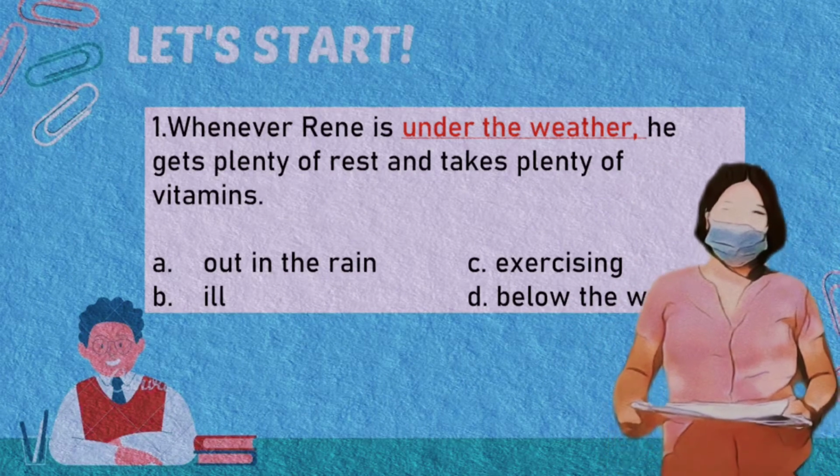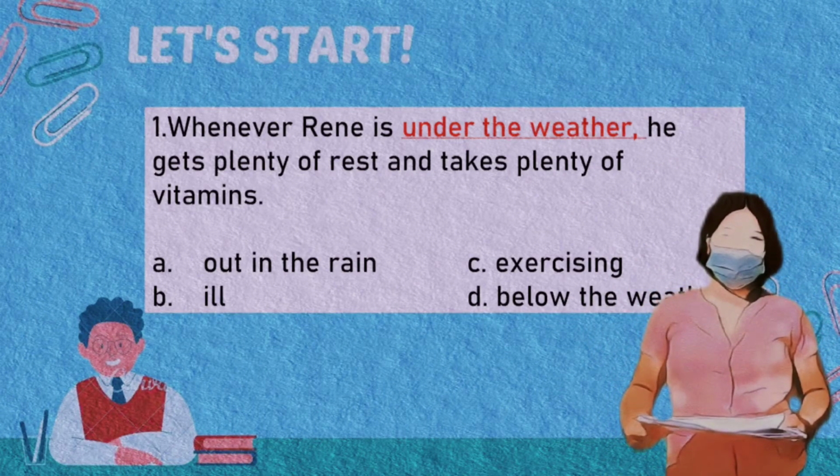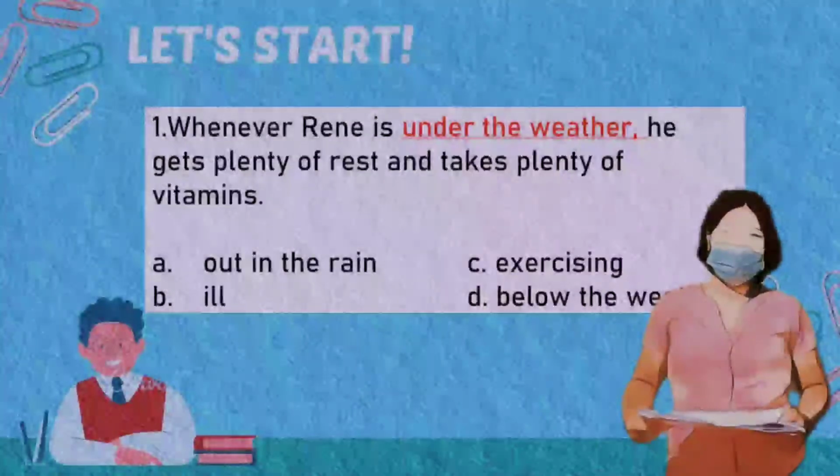Directions. Read each sentence. The underlined group of words is an idiom. Choose the best meaning. Write your answer on your activity notebook. Question number 1. Whenever Rene is under the weather, he gets plenty of rest and takes plenty of vitamins. A. Out in the rain.